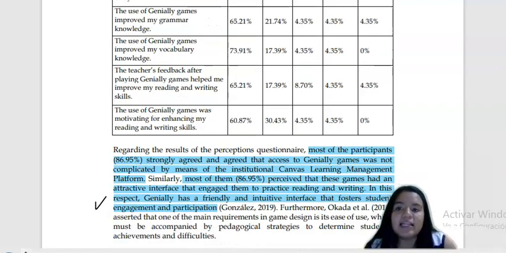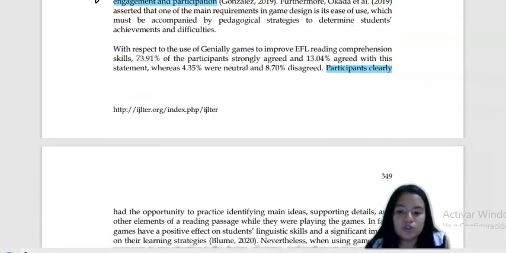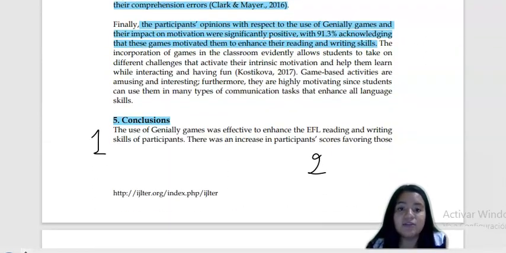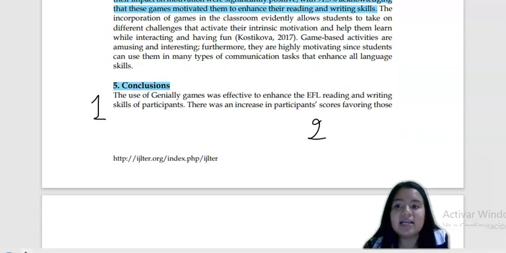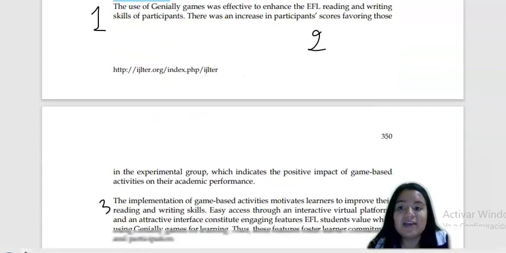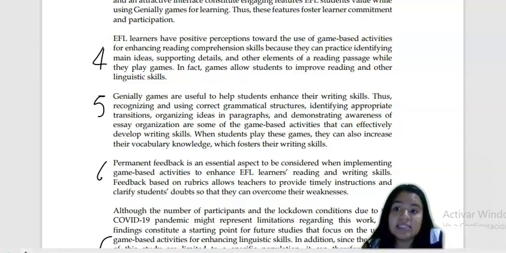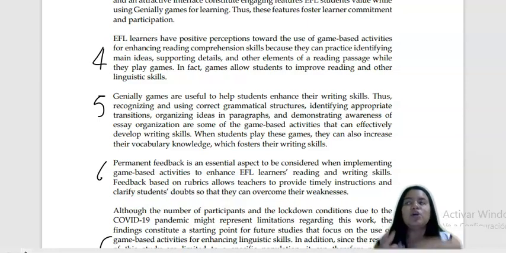Now, finally, regarding the conclusions, findings and recommendations. The author has established a total of 6 conclusions, which basically mention the use of games. Overall, as I mentioned, they are effective in improving reading and writing skills, in which the participants show an increase with respect to performance.